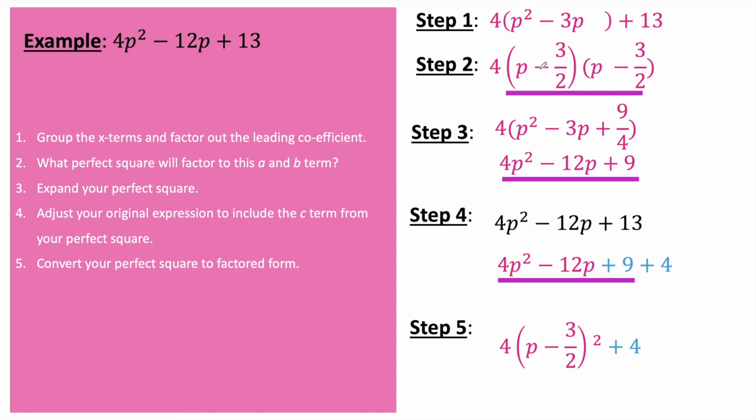Just like our last example, the factored form I have in step 2 is exactly the same as my expression. I simply rewrote it as p minus 3 over 2 squared since I'm multiplying p minus 3 over 2 times itself.